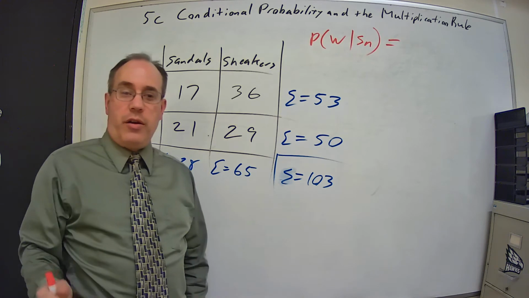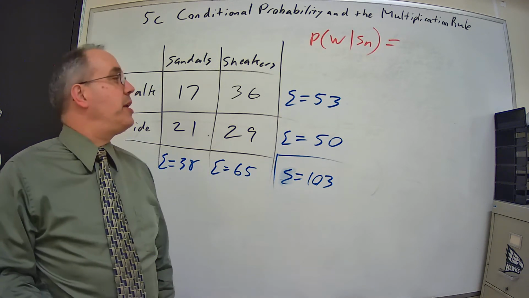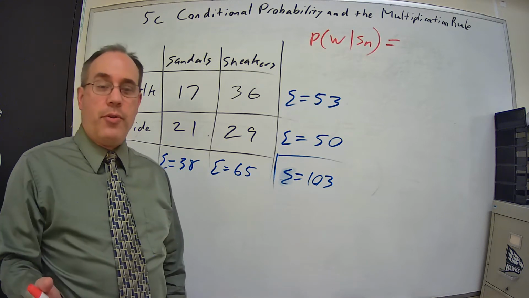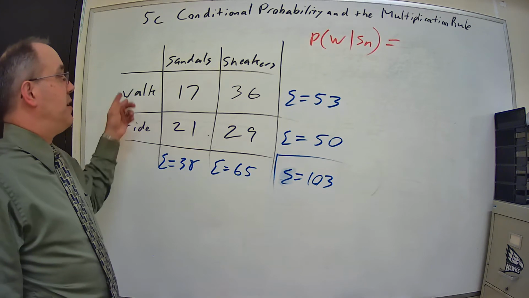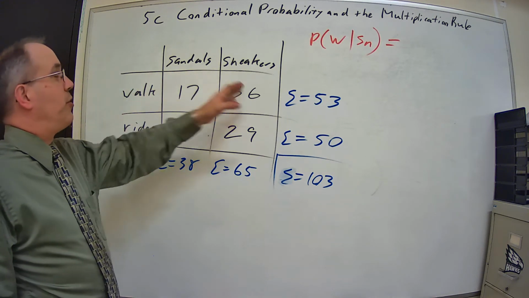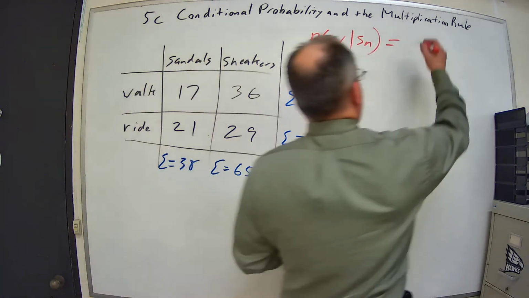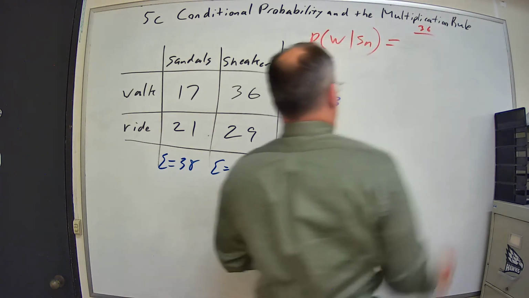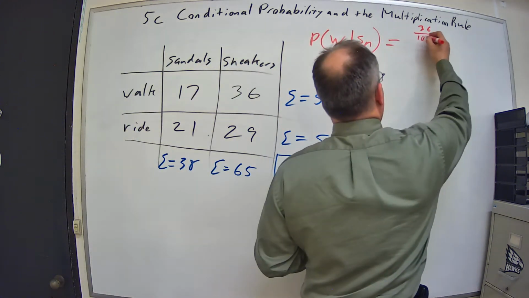Well, what do I need to know? According to our formula for computing conditional probability, I need to know the probability that we find of selecting someone who walks and wears sneakers. So that's 36 over 103. Right?